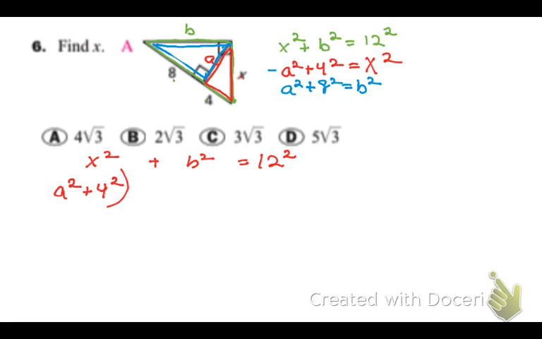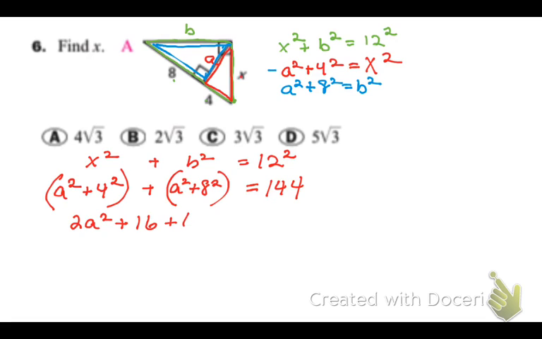So we have a squared plus 4 squared plus a squared plus 8 squared, okay, equals, I'm going to square 12, so 144. So if we add these together, we have 2a squared plus 4 times 4 is 16 plus 64. Okay, so it equals 144.